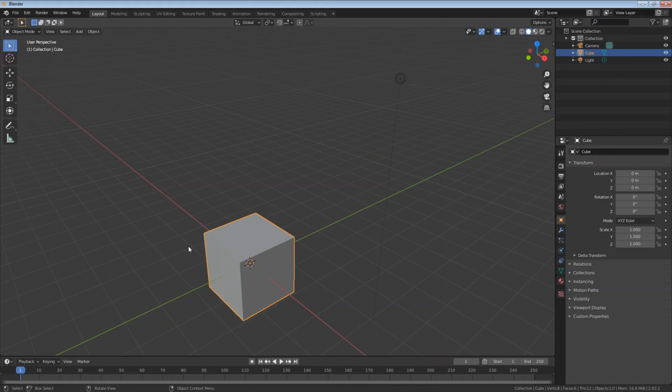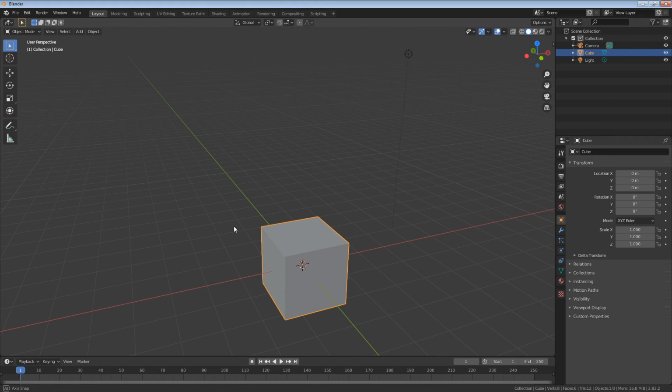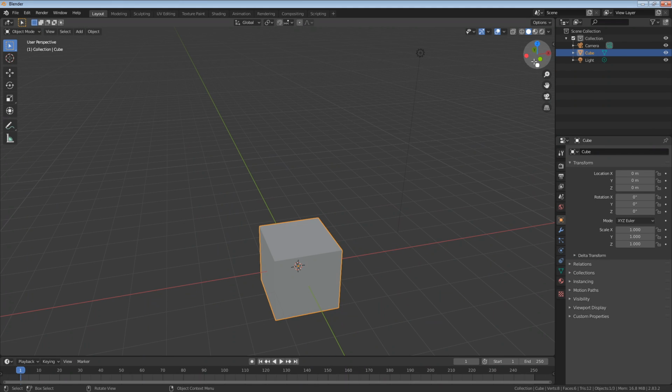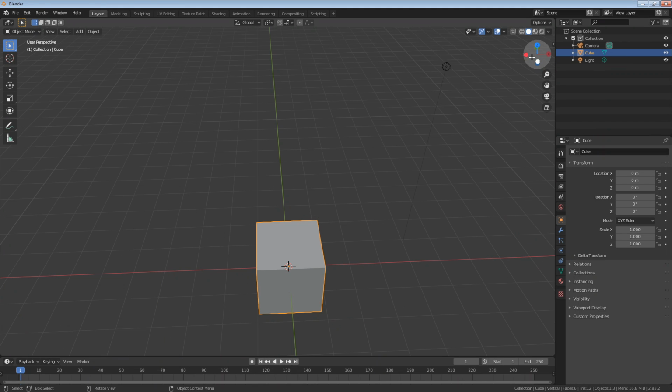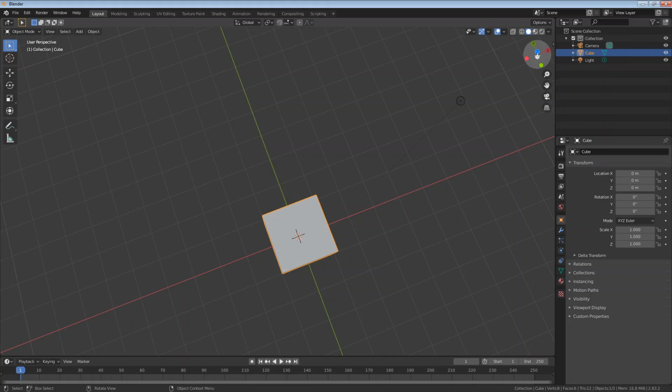Let me see what I learned. You can turn around just by clicking the mouse wheel, but if you don't have a center wheel that you can push down, you can use this. And this is something that you can use with a tablet. See this circle here? You can rotate it.